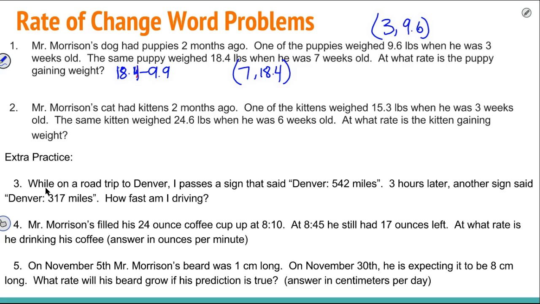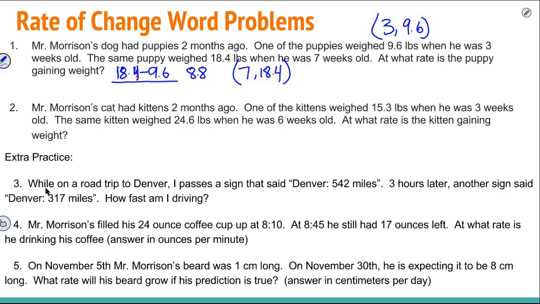I'm trying to remember this answer off the test when we had it. This was an old test question. 18.4 minus 9.9 is 8.5. That's 9.6, not 9.9. There we go.